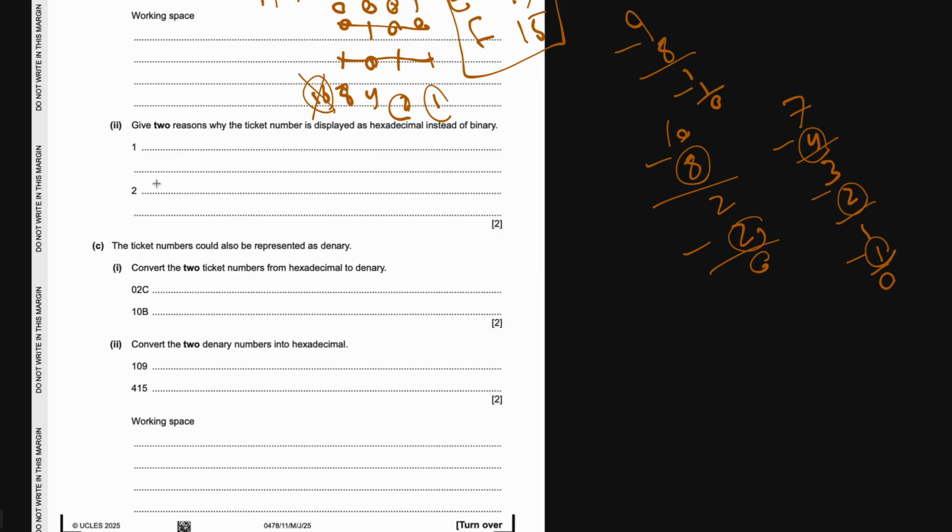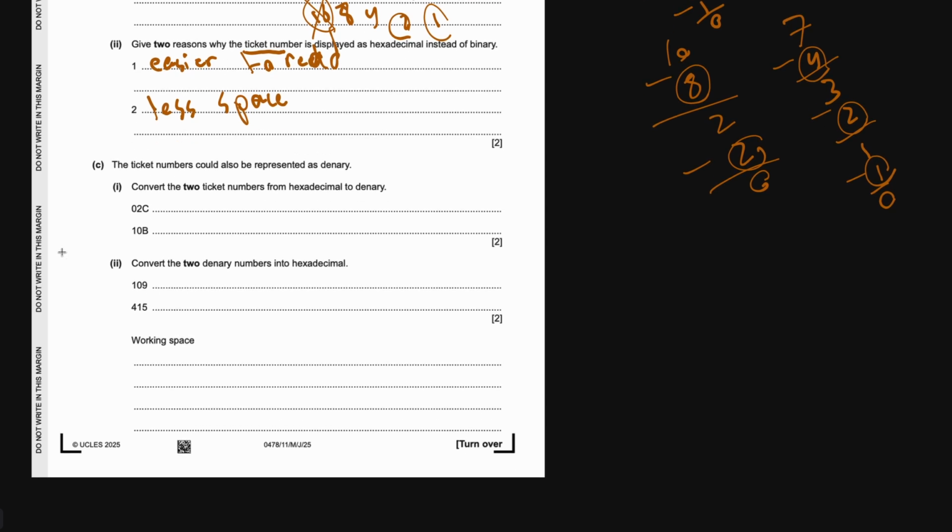And it takes up less space, right? So less space and easier to read or understand. Or if this was a programmer instead of the guy that will read the ticket, we would say easier to debug, okay?